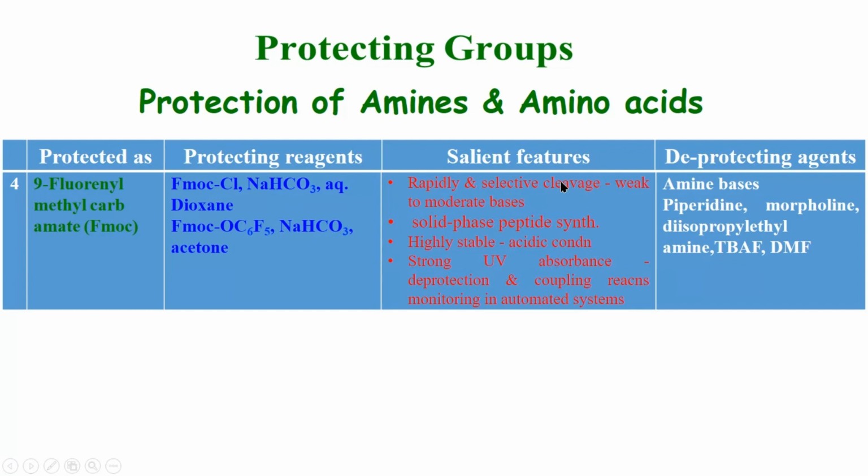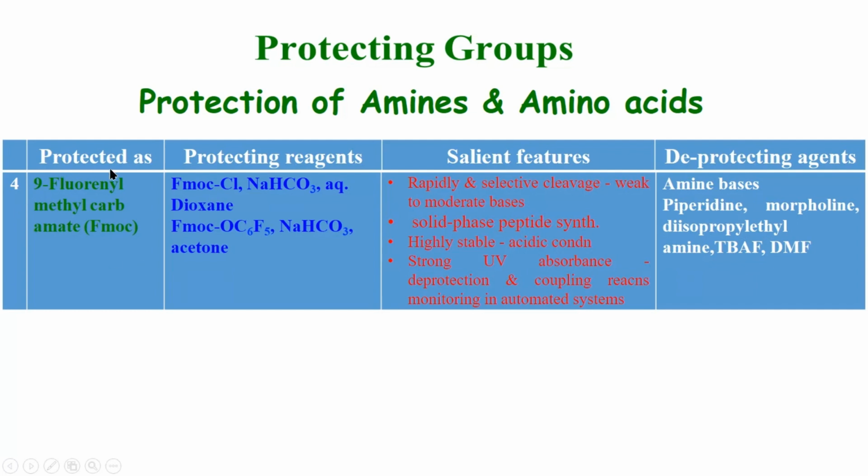The beauty of FMOC protected amines or amino acids lies in their rapid and selective cleavage by using weak and moderate bases, whereas Boc protection requires slightly stronger bases. Here, the deprotecting agents used are mild amine bases like piperidine, morpholine, diisopropyl ethylamine, TBAF, and DMA.